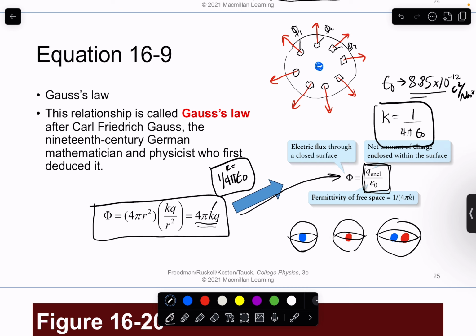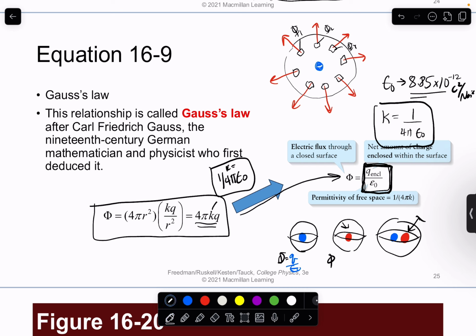Now, instead of adding up the E field vectors, where some are pointing out, some are pointing in, we can jump straight to the right-hand side of Gauss's law. What's the flux over here? It's just whatever the charge value of Q is over epsilon naught.